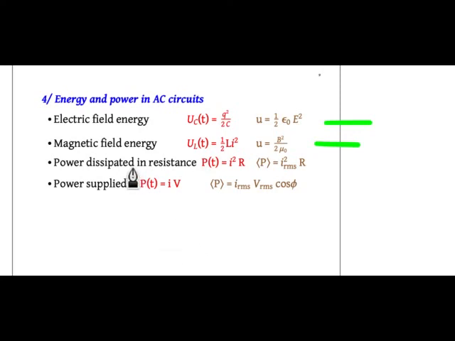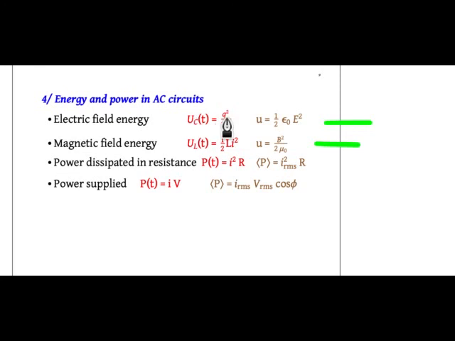Now there's energy dissipated in the resistance. There's energy converted from field energy into heating or internal energy of the molecules that the resistor is made of. And you remember, the power dissipated in resistance is I squared R. Now, of course, all of these energies depend on time because you have an alternating current.